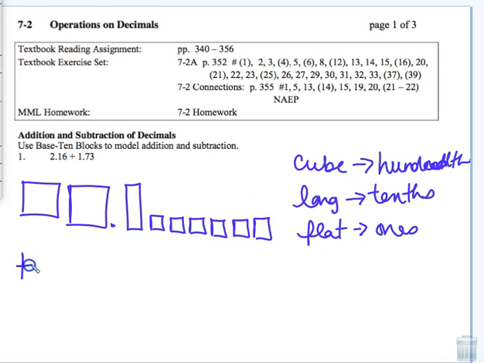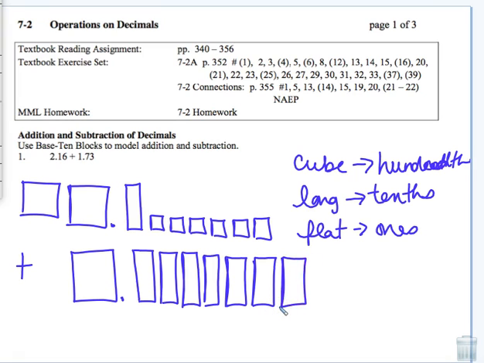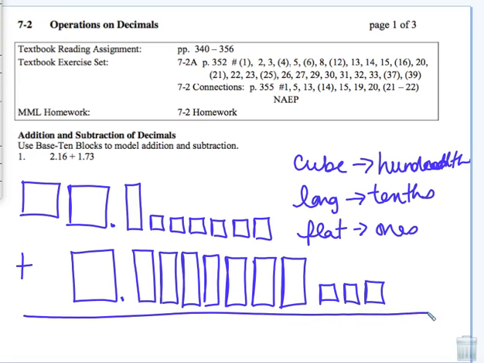I am adding to that 1 and 73 hundredths, so I have 7 tenths and then 3 hundredths. Now I can use my base 10 blocks to add these numbers together.